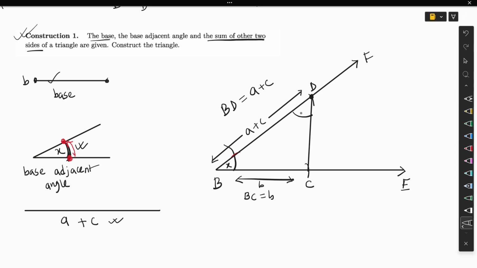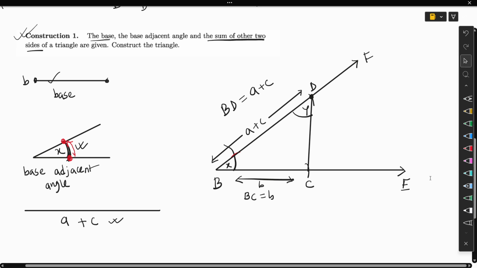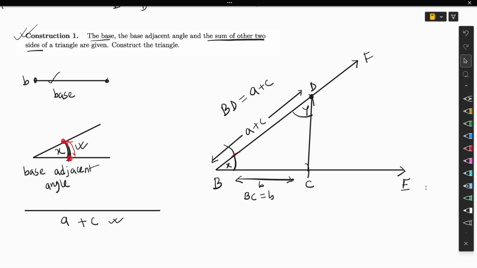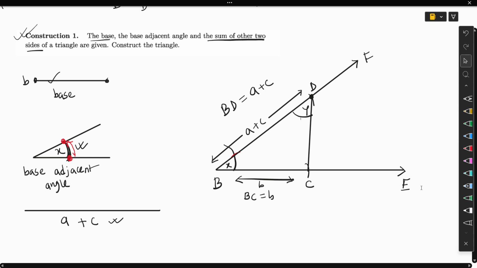Let's say this angle is Y. So now I am approaching the first process. From this we can draw the rest of the triangle using two methods, and I will give you the reason why we draw like this, so that you get the bigger picture.